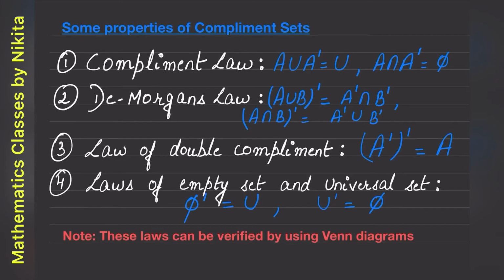Now these properties can be proved easily by Venn diagrams, or you can also prove them algebraically. The proofs are not there, but I'm just telling you one of the proofs by Venn diagrams, so that you get to know how things are working.